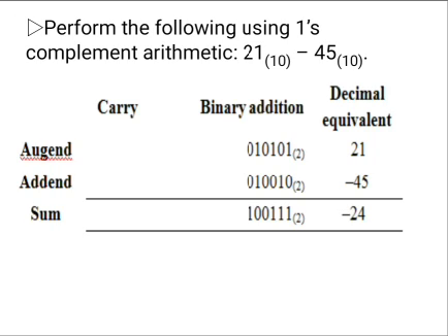Next, perform the following using 1's complement arithmetic. 21 minus 45, that means 21 base 10 minus 45 base 10. It is in the decimal number system. You know 21 minus 45 equals minus 24. So, the binary equivalent of 21 is 010101.